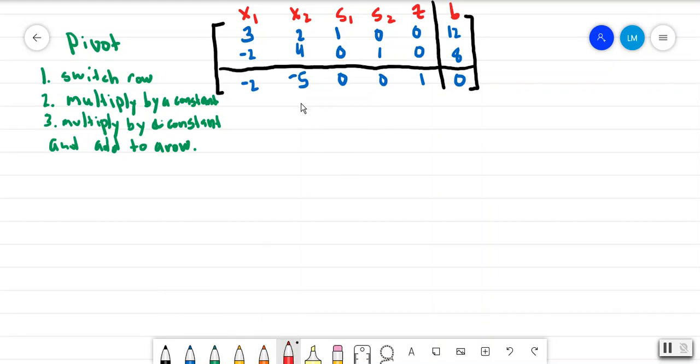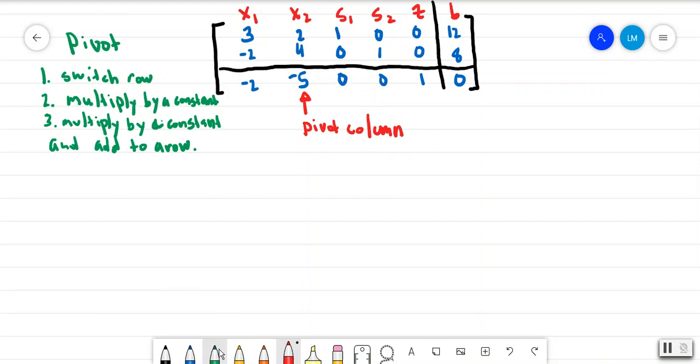There's a lot that I'm throwing out here, I know, but I'm about to make it a little simpler. The first step is that you need to find the pivot element. The pivot element is determined by the most negative number down over here. These are called indicators, and what you want to do is find the most negative indicator. The most negative indicator is right over here. So this is what I call the pivot column. The next step is to find the pivot row.